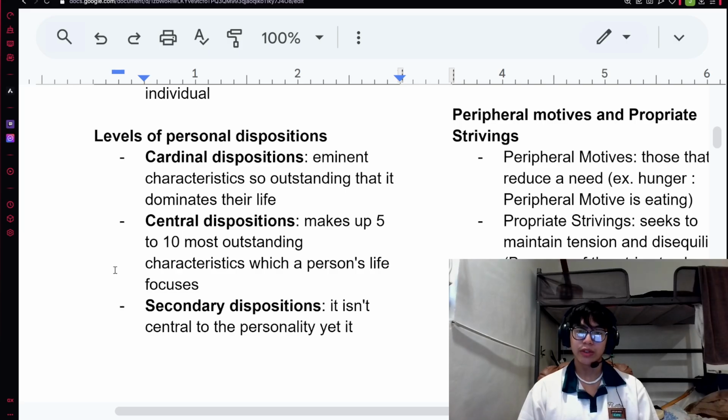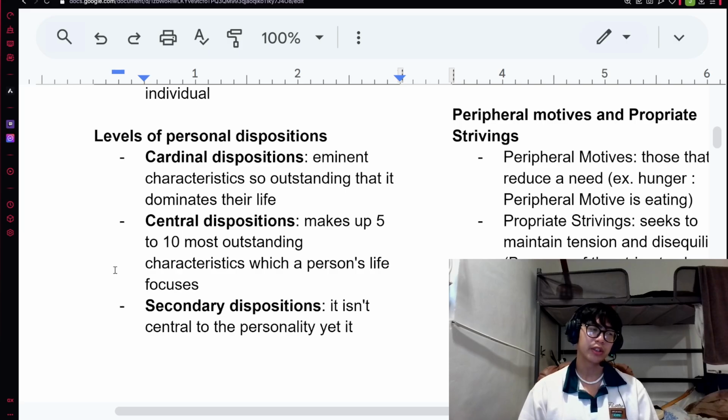He's the one who killed the Jews. He hates the Jews. And that basically is his cardinal disposition, because his whole personality stems around the fact that he hates the Jews. So that's an example of cardinal disposition.